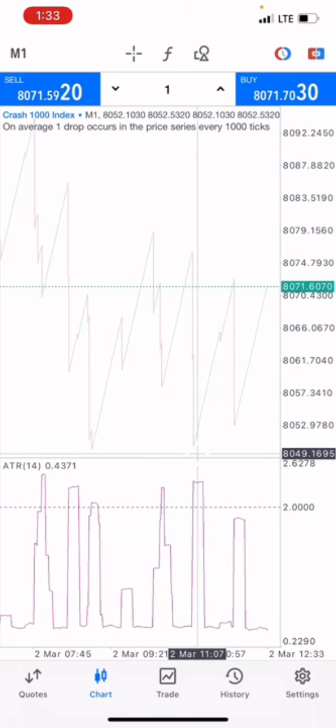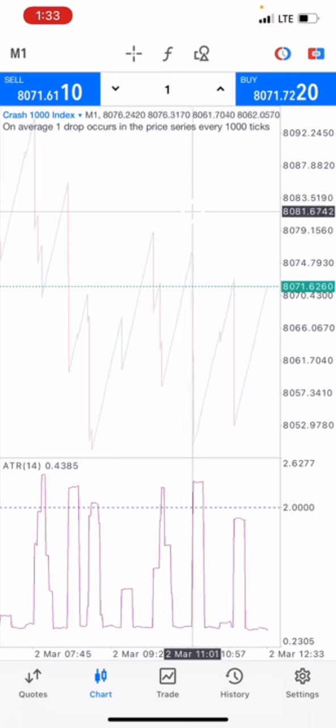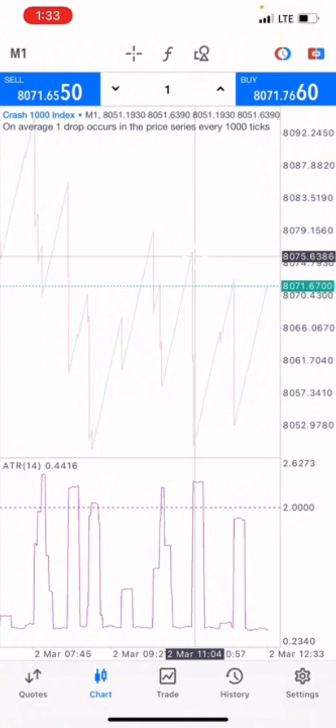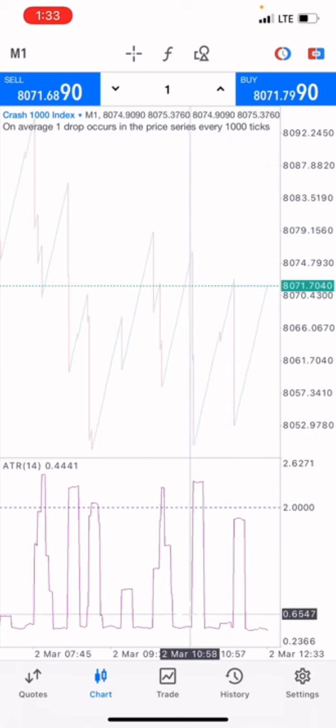Remember, this is what you need to do. If you observe, guys, each time there is a spike, trace it down. I want you to trace it down with me. Each time there is a spike, you trace the spike down to this red line.